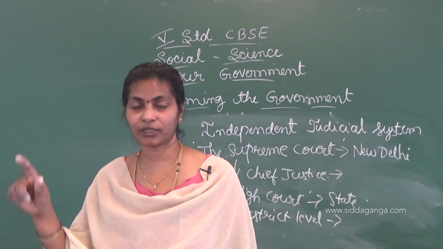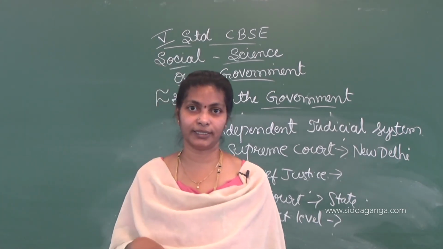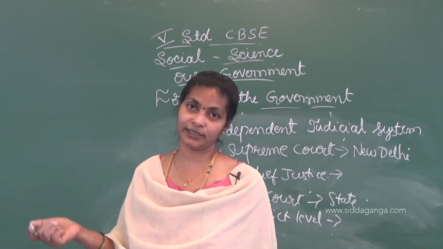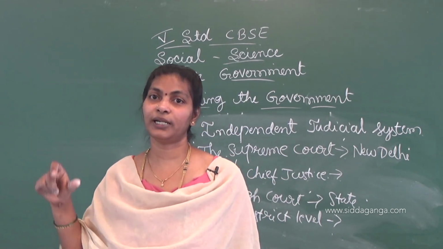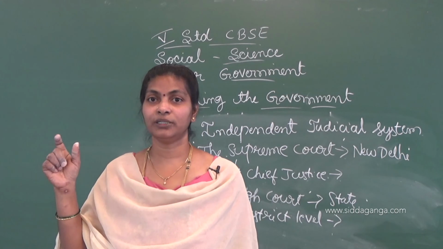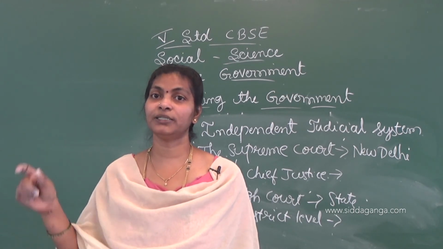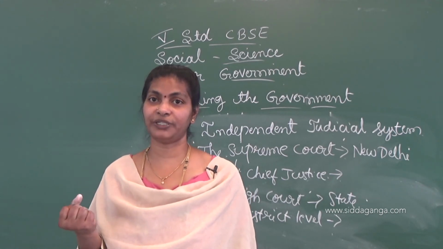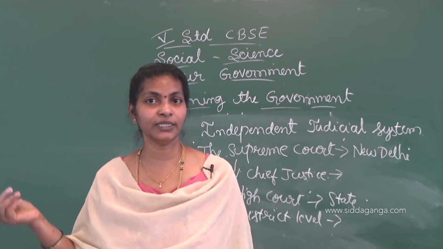The third one is the concurrent list. Concurrent list means both the central government and the state government have the authority to make rules and regulations on the matters that come under it. In this way, the power of India was divided into three lists.